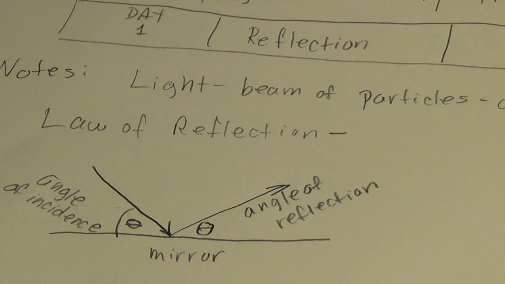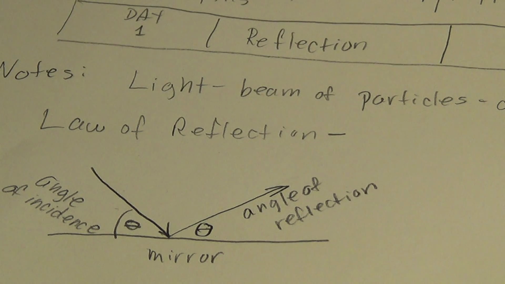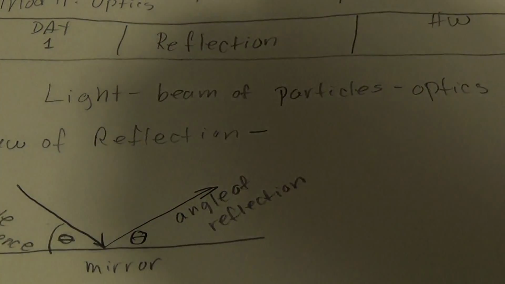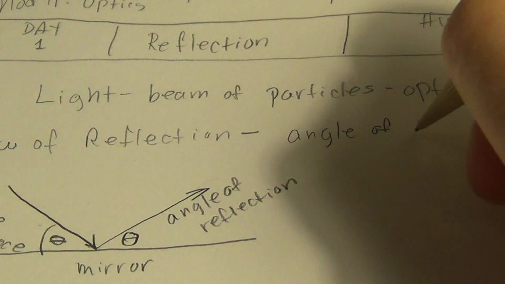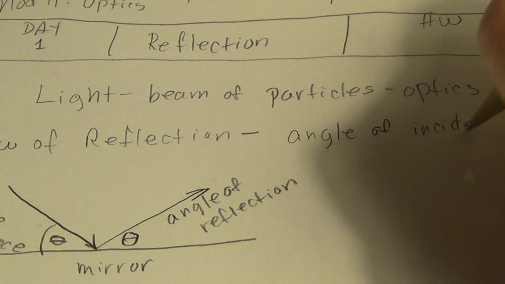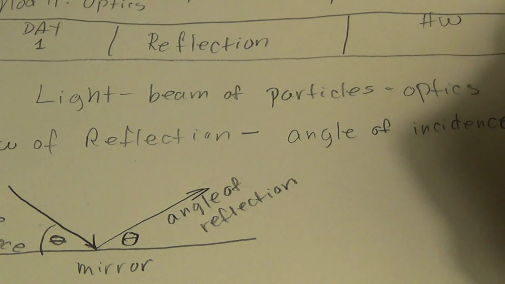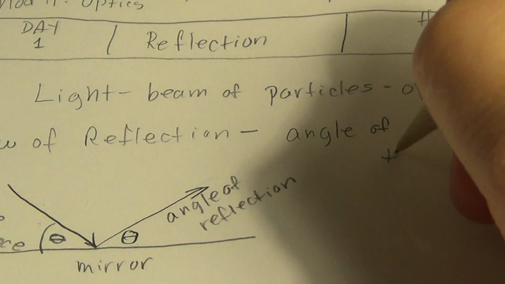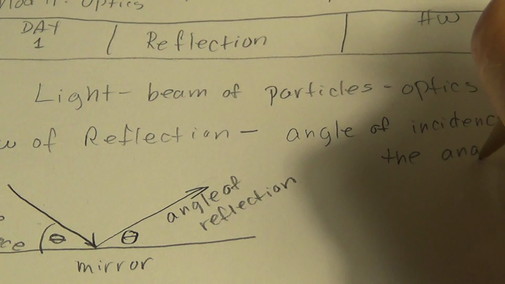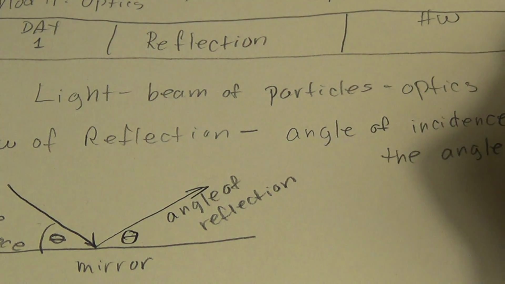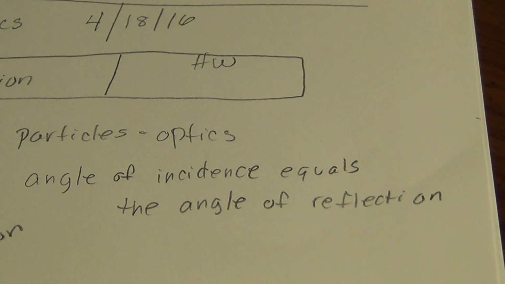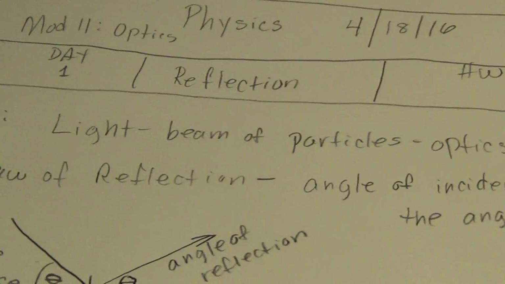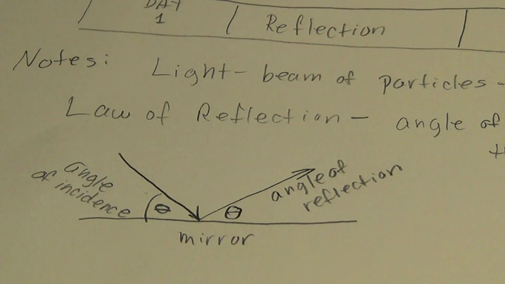So when we discuss the law of reflection, we say the angle of incidence equals the angle of reflection. That is what we're going to say is the law of reflection.